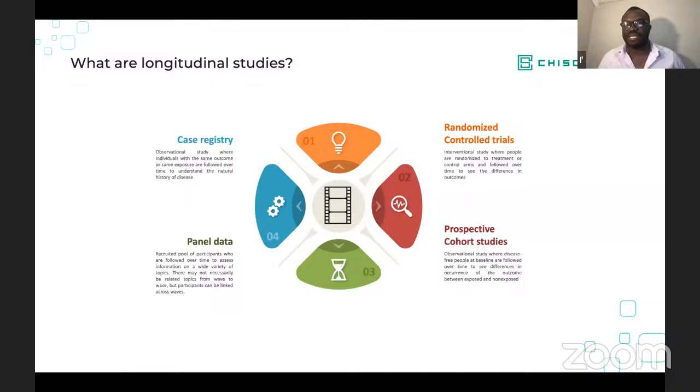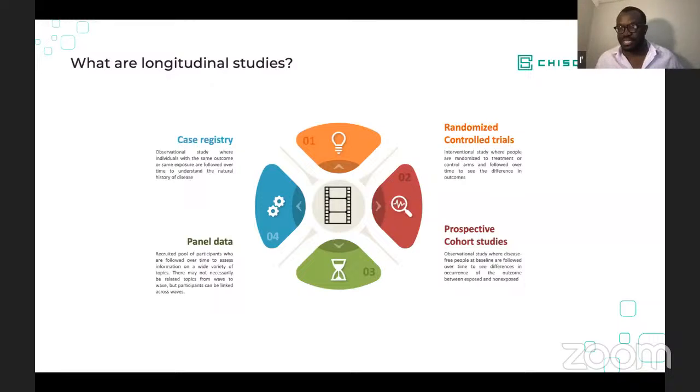So if you remember, we talked about case studies and case series. Sometimes we have people who have a disease and we want to follow them over time to see how the disease progresses. So for example, during Ebola, we had folks who had survived Ebola, and we grouped them. We initiated them into this registry so that every year we go back to them and we see what new symptoms do you have?